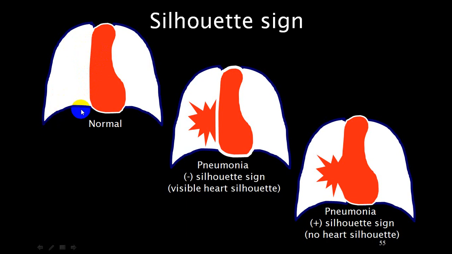The right lower lobe will produce it with the right hemidiaphragm. The costophrenic angle will be affected, and with the right costal margin, while on the left side, the left hemidiaphragm with the left lower lobe, the lingular lobe with the left ventricle, with the hilum, the left atrium will be the upper lobe, aortic knuckle, upper lobe, etc.